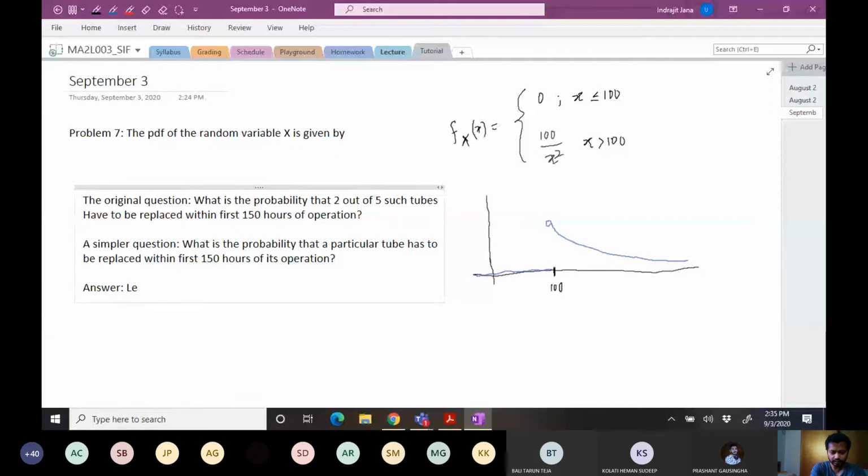How to find this? Let the probability of the above question be little p. So our first step is to figure out this p. What is this little p? Little p is the probability that a single tube will go out of operation within 150 hours, right?